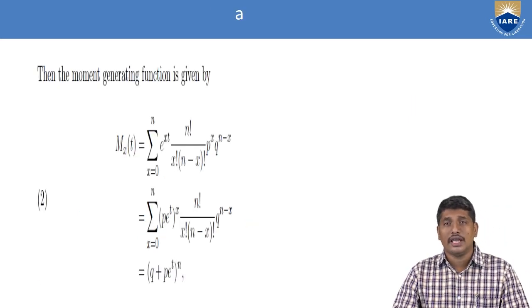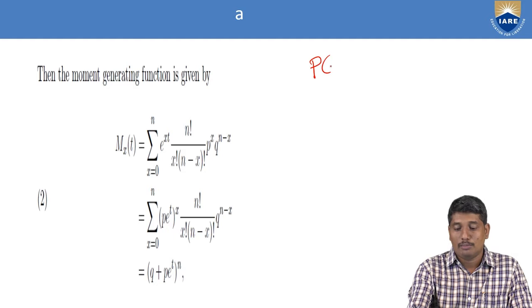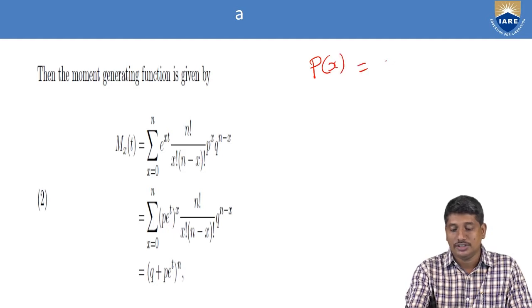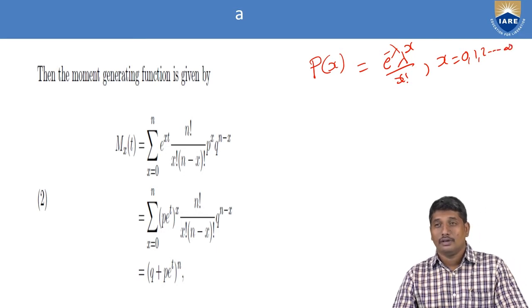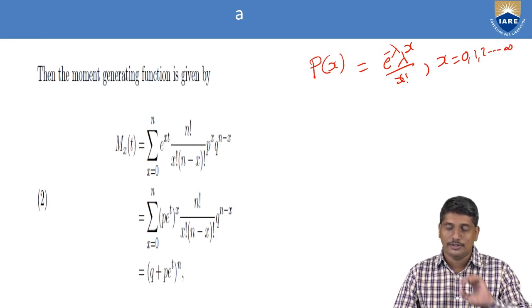Here we are going to derive the moment generating function of the famous Poisson distribution. Let us recap the probability function of a Poisson distribution, that is e^(-lambda) lambda^x / x!, where x runs from 0, 1, 2, and so on to infinity. Out of indefinite trials, what is the probability of winning x times? That is given by the Poisson distribution.